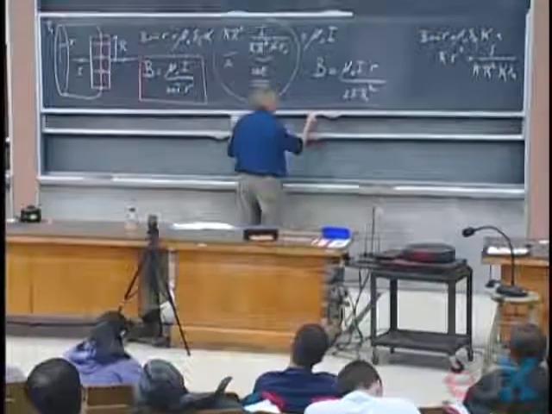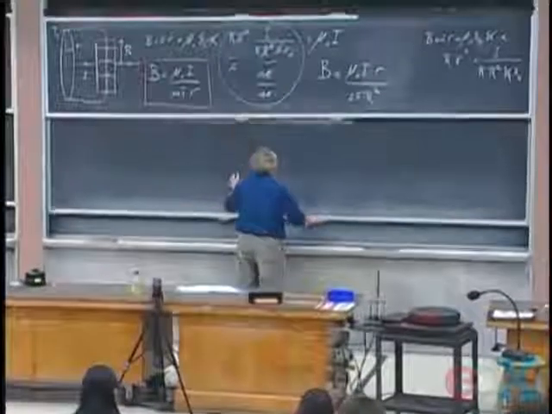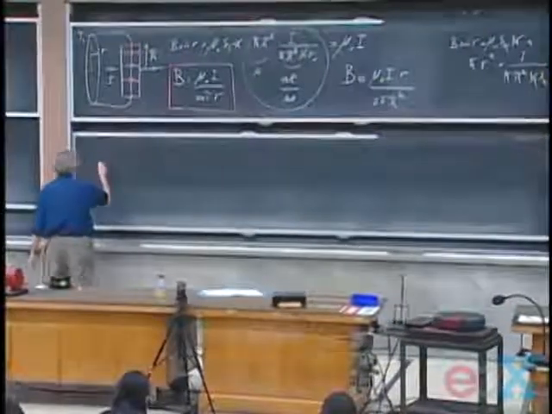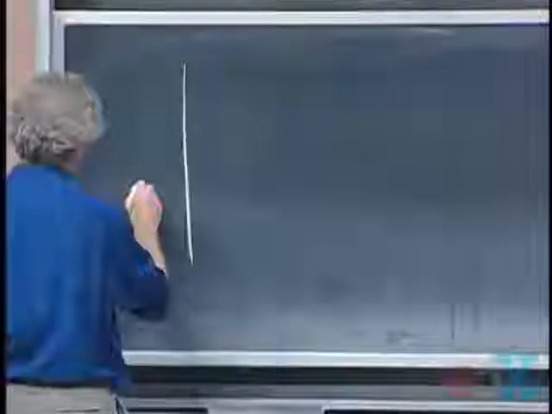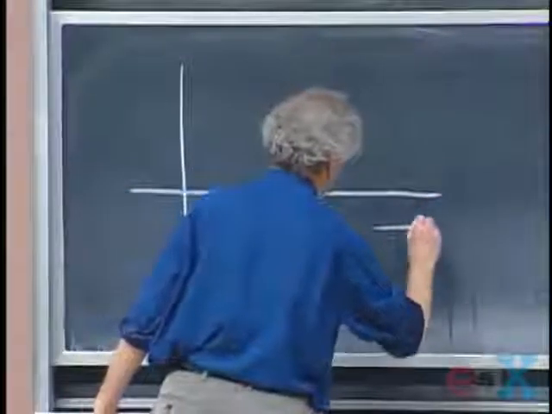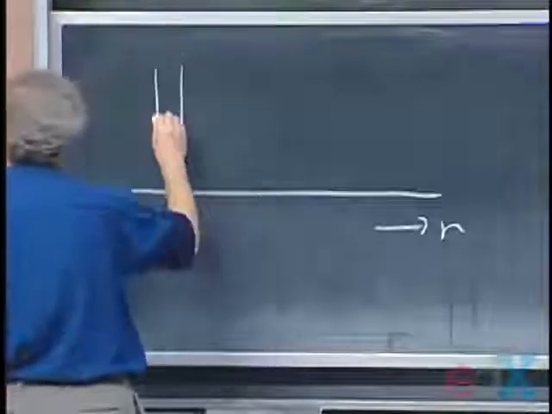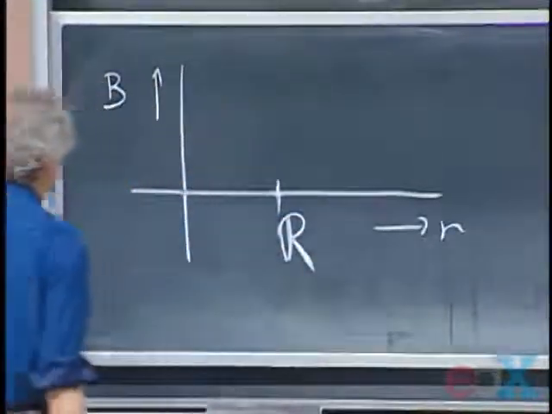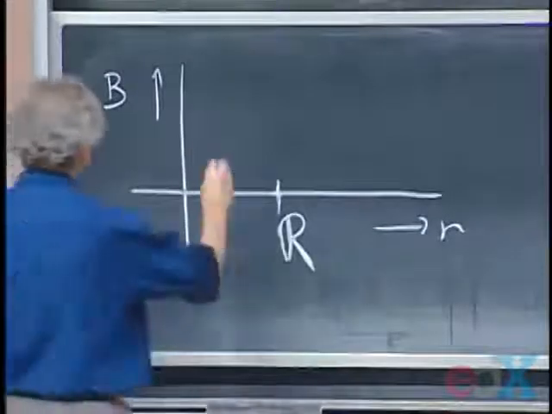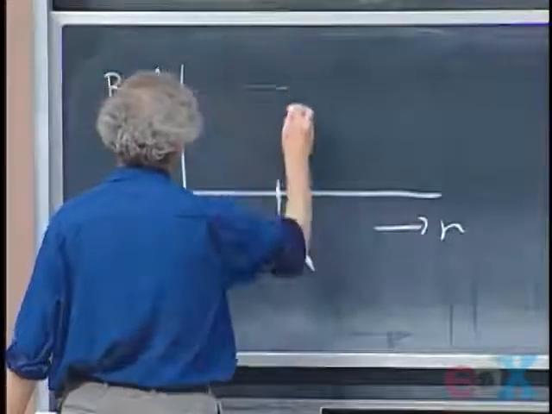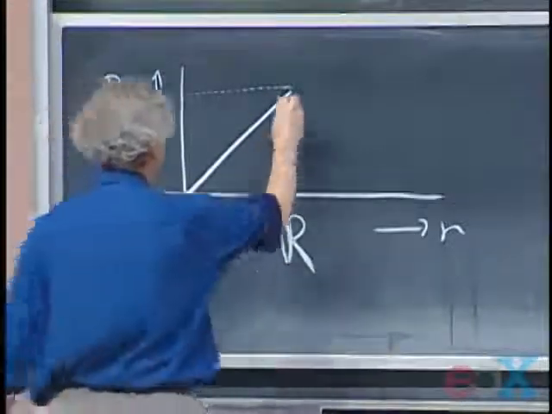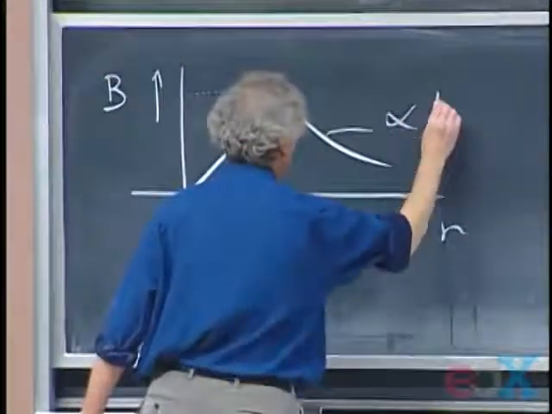And so I can now make a plot of the magnetic field as a function of little r when I'm inside the capacitor plates. Little r, this is the magnetic field, and this is the radius of the capacitor plate. It's going to be a straight line up to that point, and then it will fall off as 1 over little r.